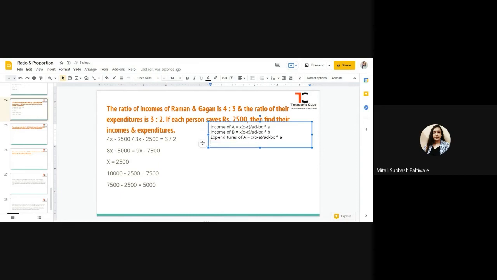And expenditures of B are nothing but the same, but just a small difference is there, into B. That's it. These are the equations, and that's how we find it out.